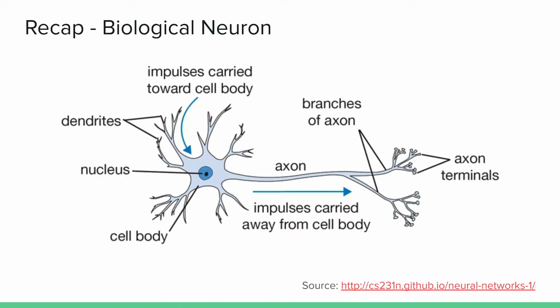We also talked about the biological neuron, which inspires the basic underlying idea that we're talking about here, which is a neural network. The biological neuron had our dendrites, which were the inputs. It computed something in a biochemical way and then produced a signal on the axon, which was forwarded to other neurons.